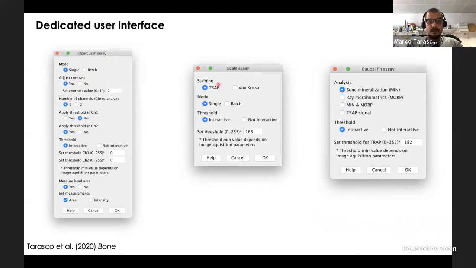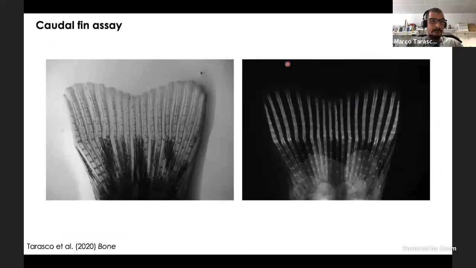For scales also, we can choose if we want to measure osteoclast activity or demineralized area, and so on. What is important is that, for example, in the threshold, we can choose if this will be interactive, which gives us the opportunity to stop and really confirm what the macro is measuring, or not interactive, and this will, of course, be faster to get our results.